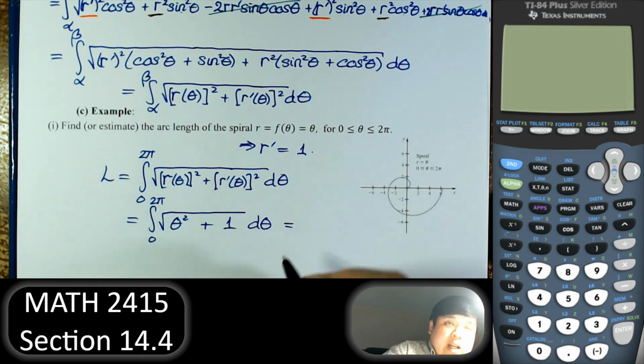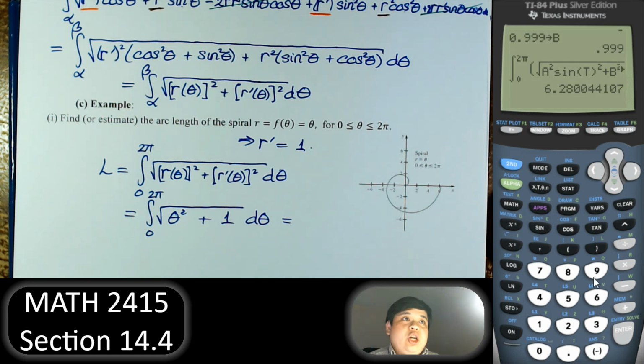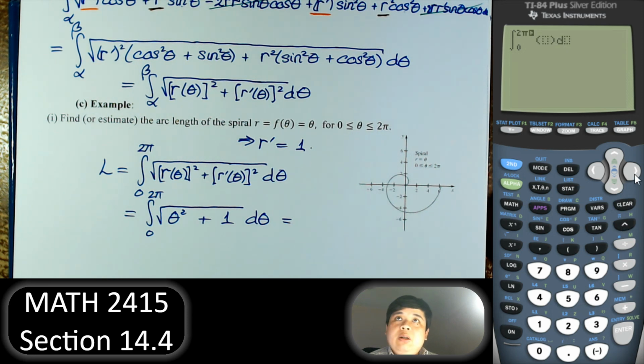Right. Now if we do that by hand, it requires integration by parts and trigonometric substitution. There are quite a few things here. So pretty much the whole chapter in calculus 2 in order to do that. So we're not going to do that, we just estimate the integral from 0 to 2 pi of the square root of 1 plus some variable squared.